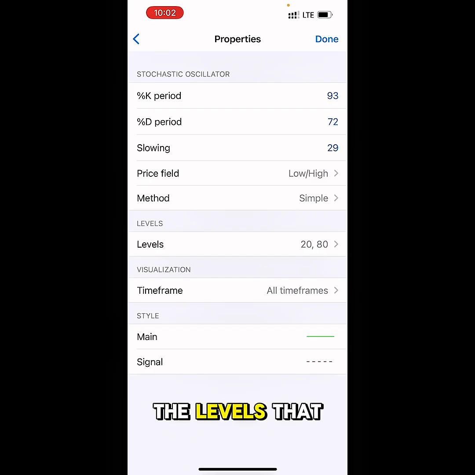Remember that the levels that you see here on 20 to 80% are buying and selling levels, or overbought and oversold levels, okay? The 20% level is the oversold level, and the 80% level is the overbought level, all right?